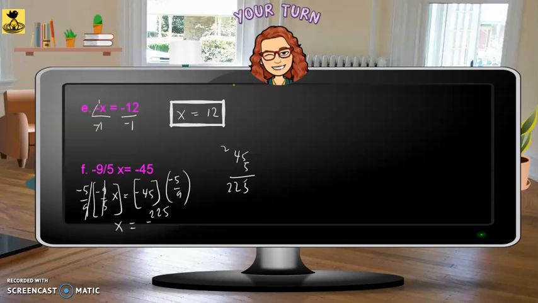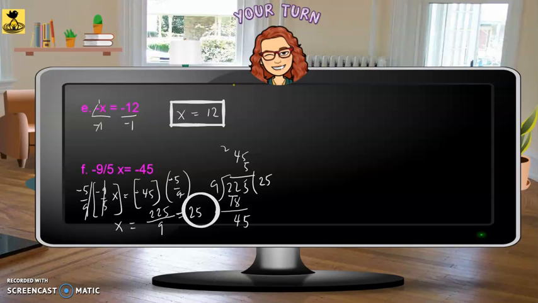So positive 225 divided by 9. So we divide this by 9 here. So 22 divided by 9 is 2. 2 times 9 is 18. So we have 4, bring down 5. So 45 divided by 9 is 5. So the answer is x is equal to 25.